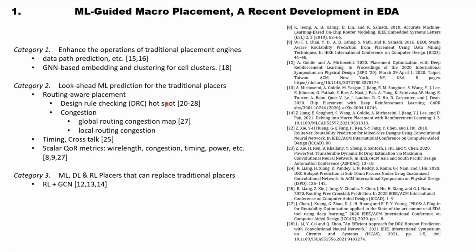There's some work using ML to predict DRC hotspots and congestion maps. And there are also some works on predicting scalar QoR metrics, such as violations, congestion, timing, and power, etc. Our work falls into this category. And in category 3, there's some recent work using machine learning, deep learning, and reinforcement learning techniques to create new placers that can replace traditional placers.